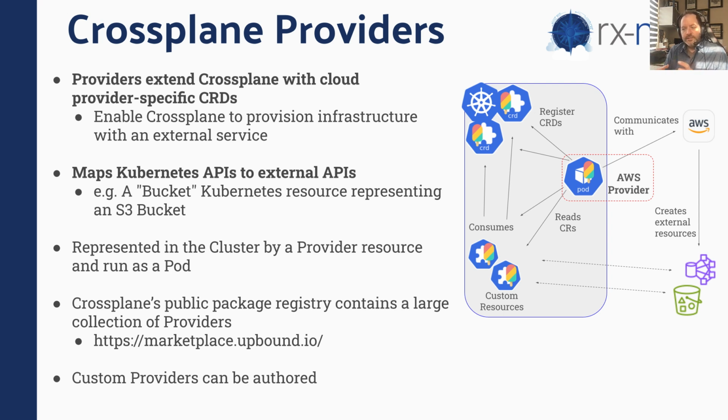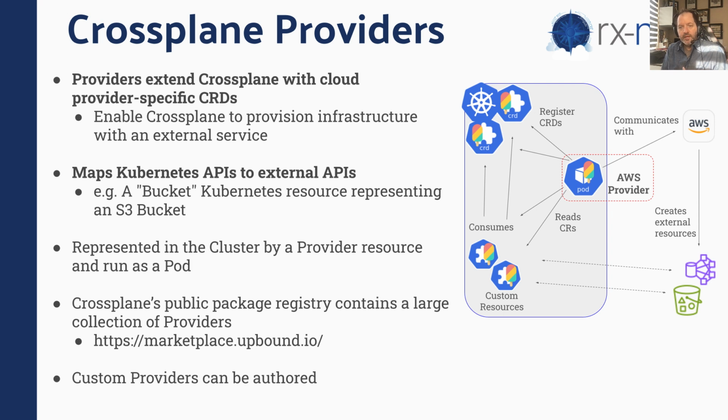So this kind of modular approach allows Crossplane and platform engineers to deploy providers that they're going to use and allow their users to consume those cloud APIs through custom resource definitions that represent these cloud APIs, and then omit the things that they're not going to use or that they don't want users to have access to.